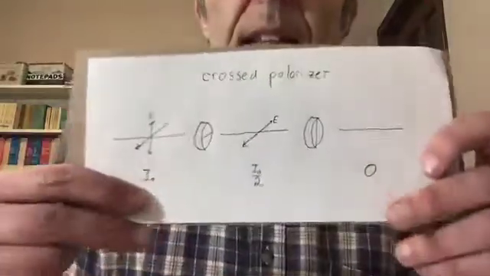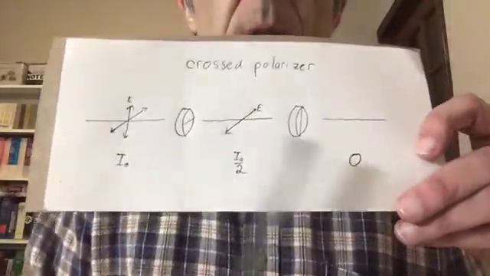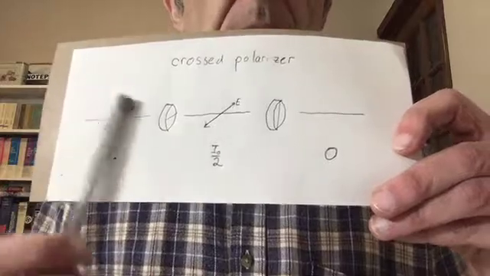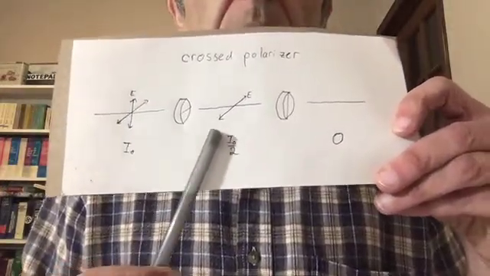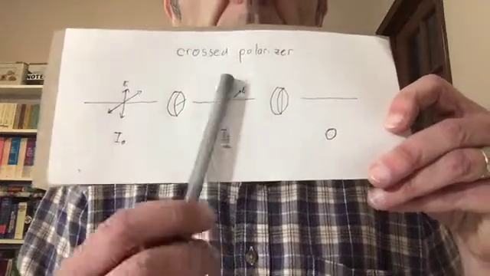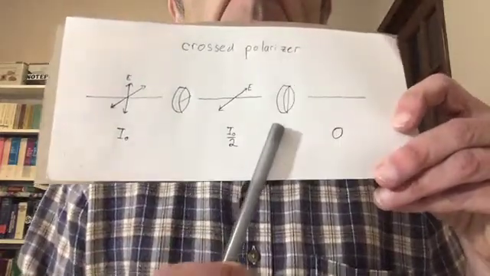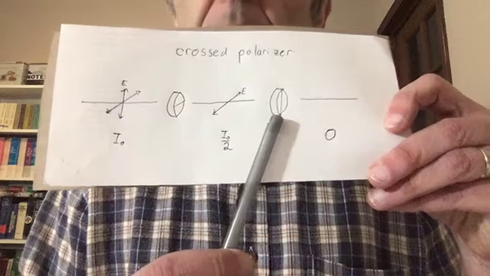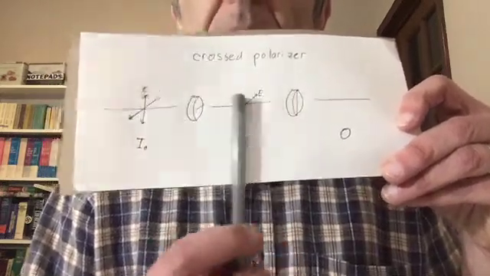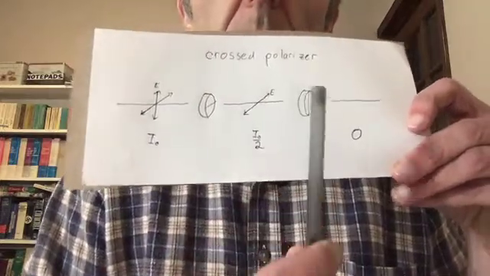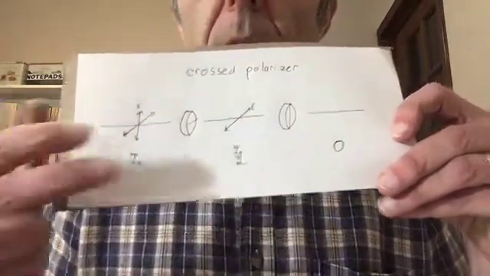What if we rotate that second polarizer? So this starts the same: unpolarized light, intensity I0, goes through the first polarizer, it removes the up and down electric field, half the intensity. But now what's different from the last picture is we've taken this polarizer and rotated it so that it will pass light that's going up and down, but it will absorb any light that's going back and forth.